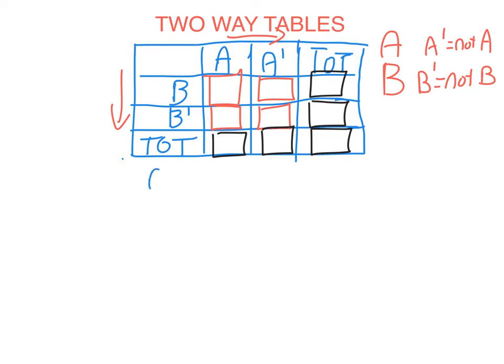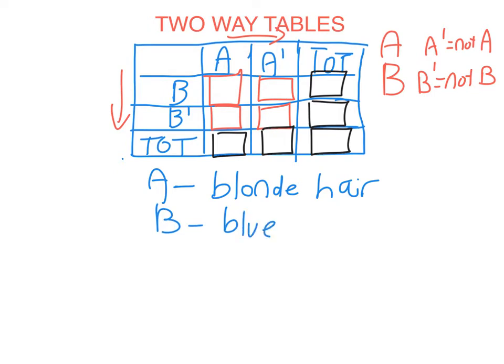So let's say that A is the category of, say, students with blonde hair. And let's say B is the category of students with blue eyes. So this two-way table displays how many students have blonde hair, blue eyes, both, or neither.